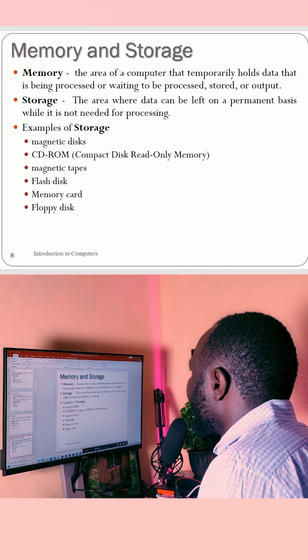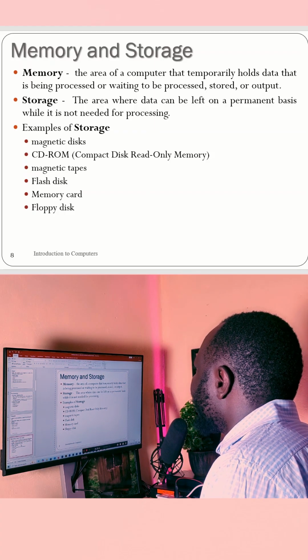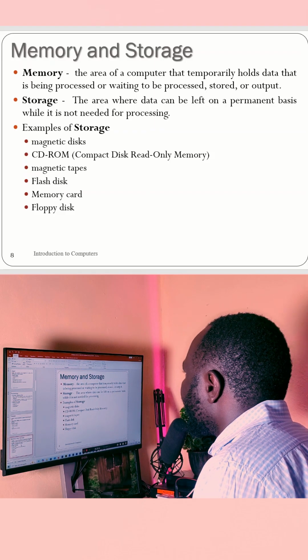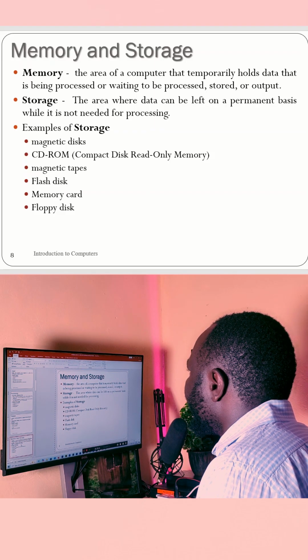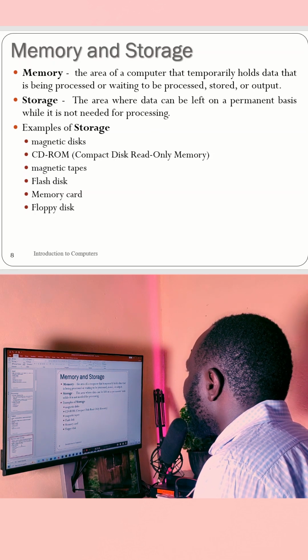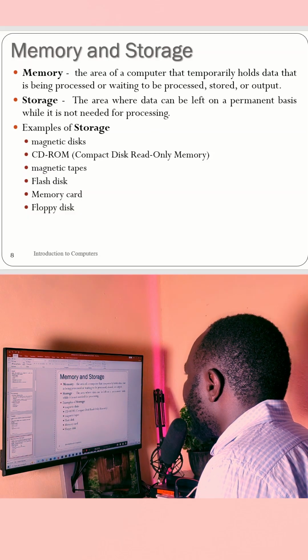So that is the reason why we have the RAM in place. And as we advance, we're going to see why we call it random access memory. It's because any portion of the RAM can be accessed at any given period of time.